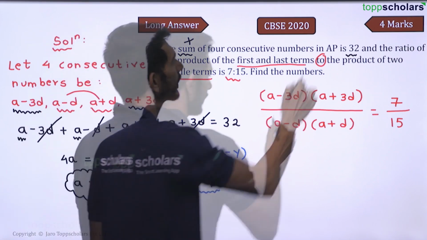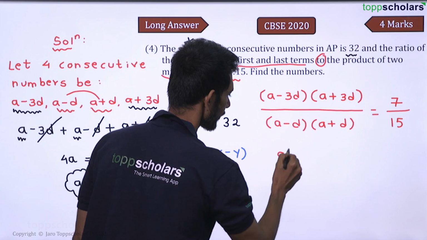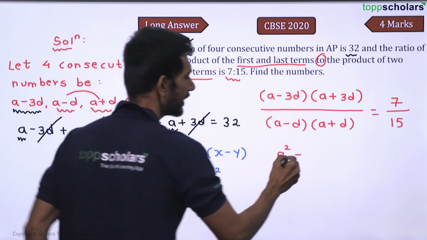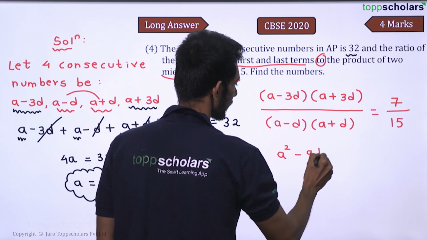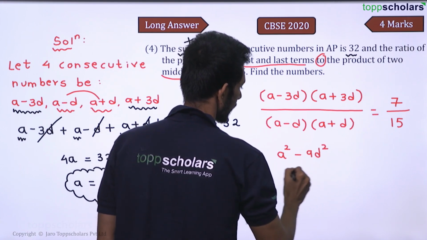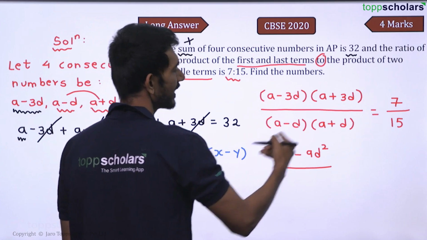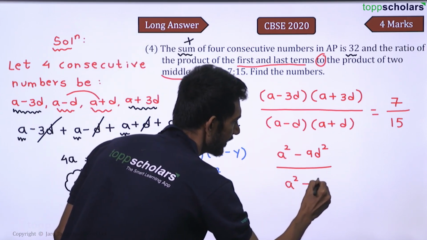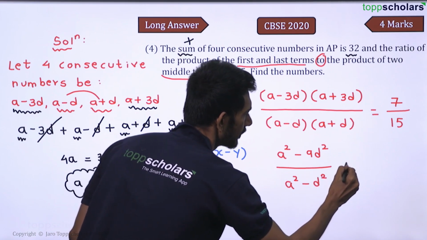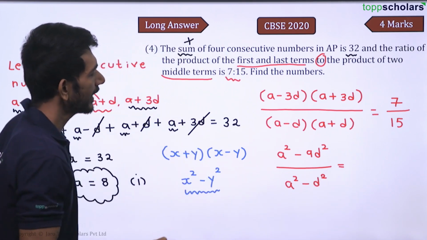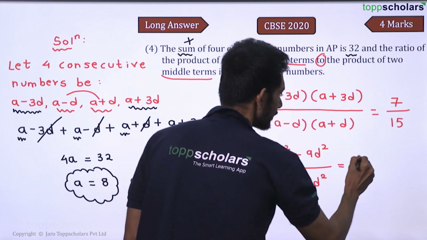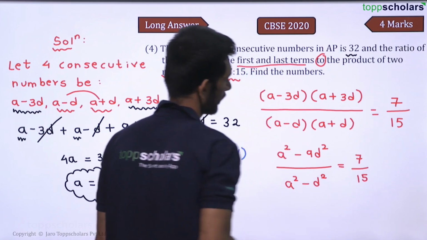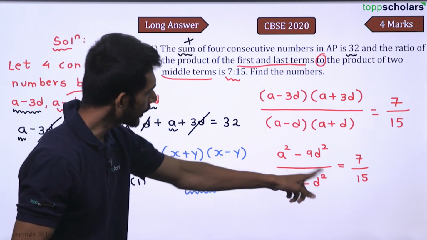So here also this is going to become a square minus 9d square by, this is a minus d into a plus d, that is a square minus d square, that is equal to 7/15. Correct?